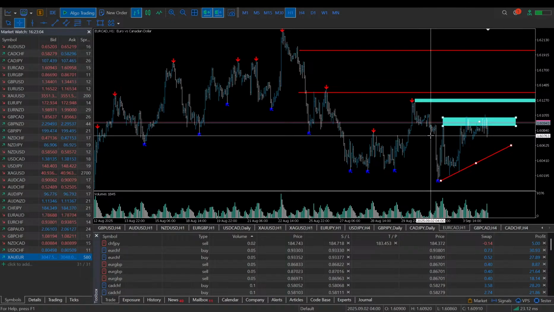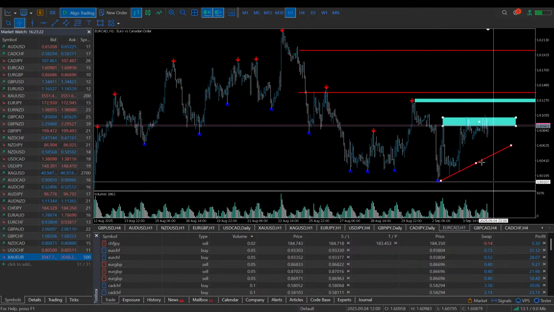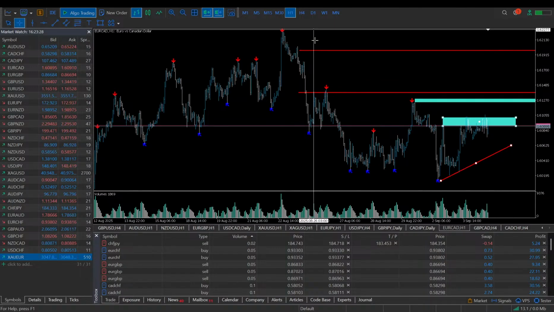And don't forget that a lot of pending orders are also waiting. We are not the only ones watching this pair. So we have a swing sell, a long-term sell, and we also have an intraday and short-term swing buy as well.